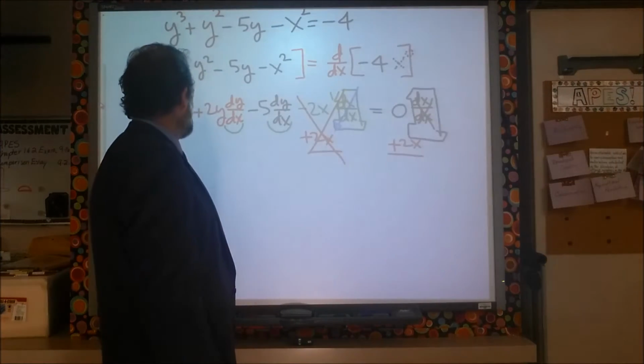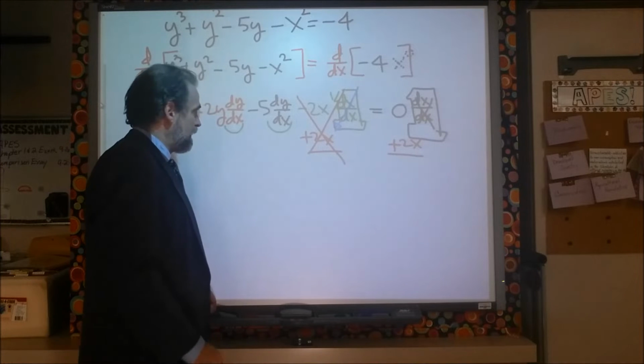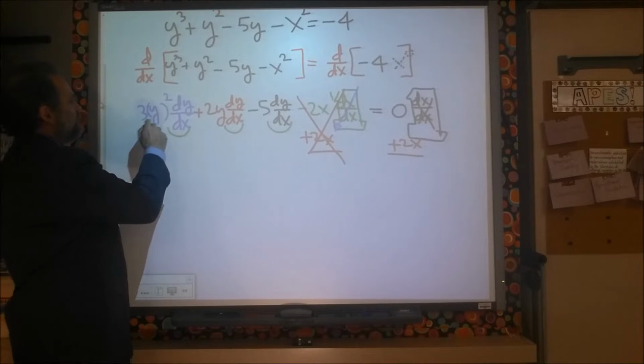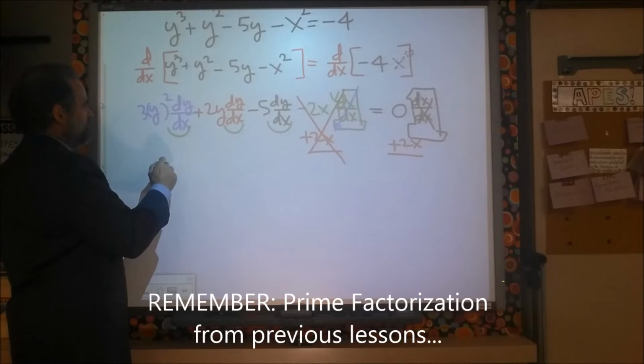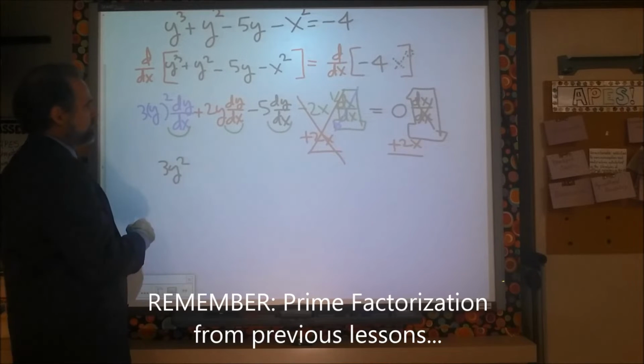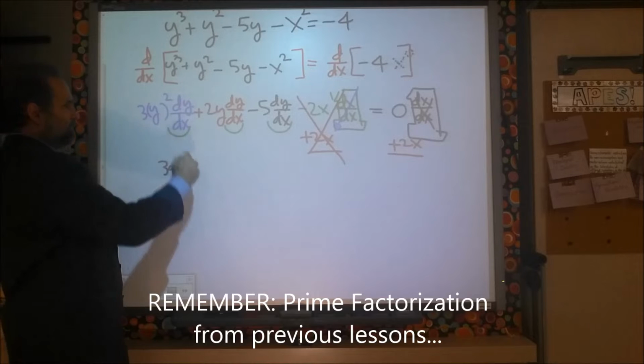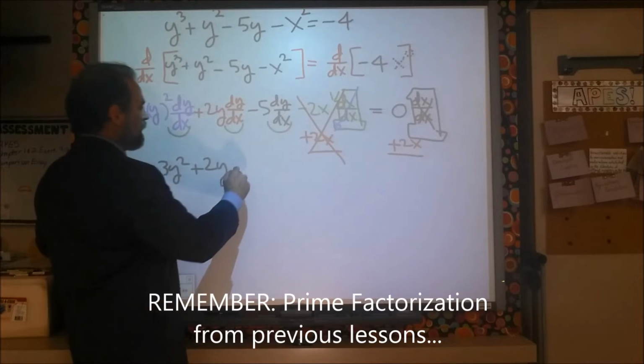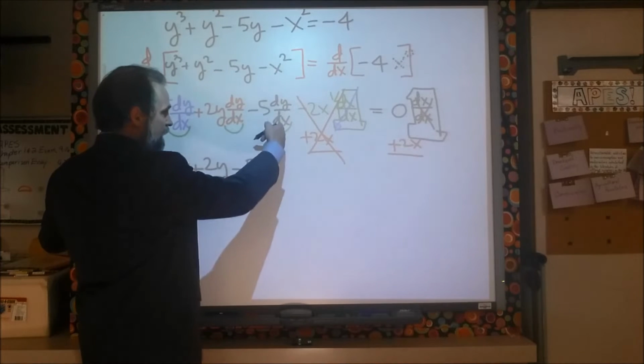So even though I don't need to, right, I'm going to rewrite this. But this time, I'm going to just rewrite the leftover pieces. So I'm going to rewrite 3y squared. That's there. I'm going to rewrite plus 2y. That's still there. I'm going to rewrite minus 5. That's still there.